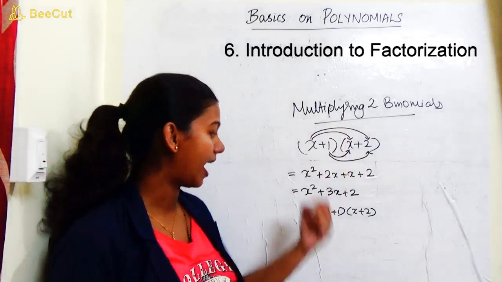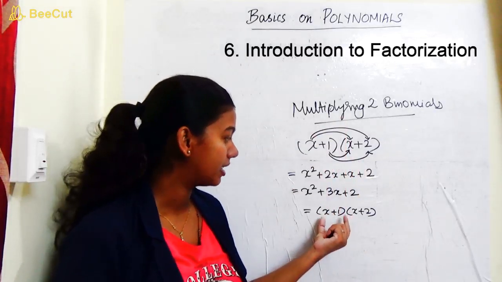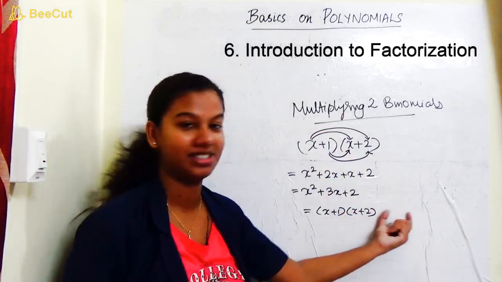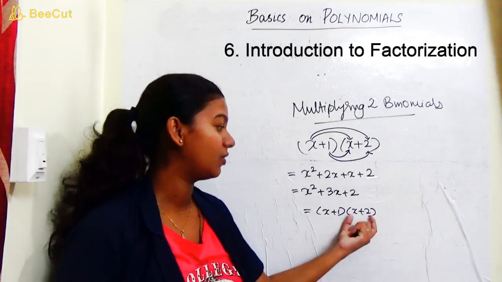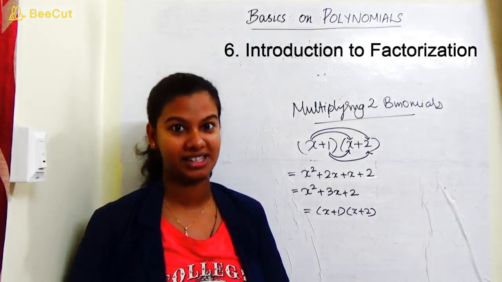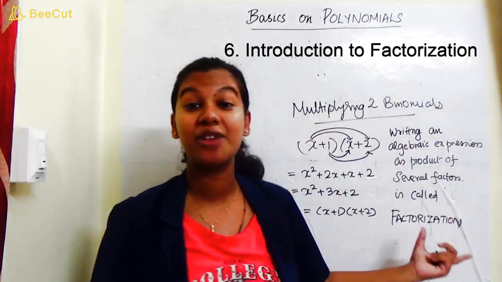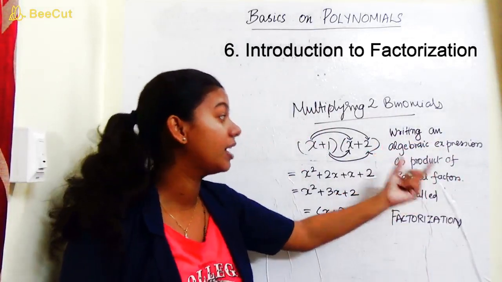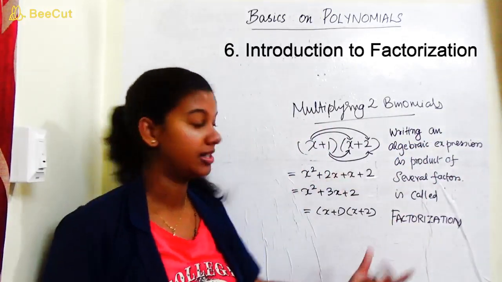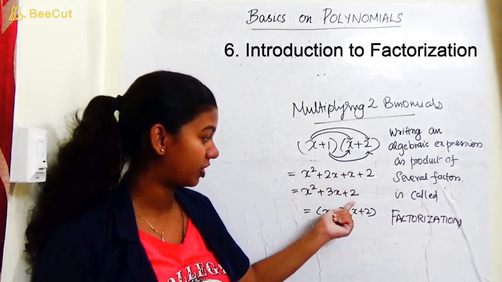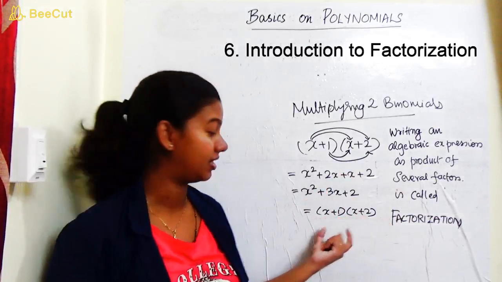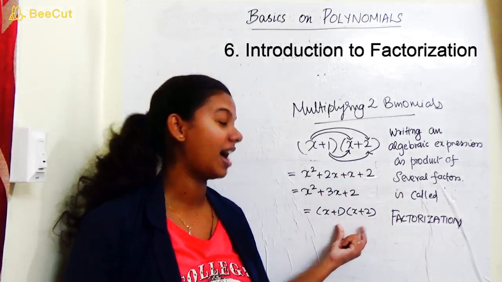So in factorization, it is like a multiplication of factors. Okay. Now I will give the main conditions on factorization. So the definition of factorization is writing an algebraic expression as the product of several factors. In this case, there are two factors.